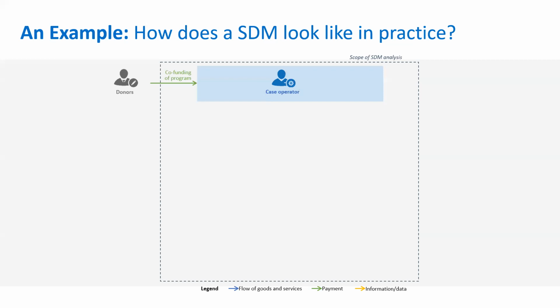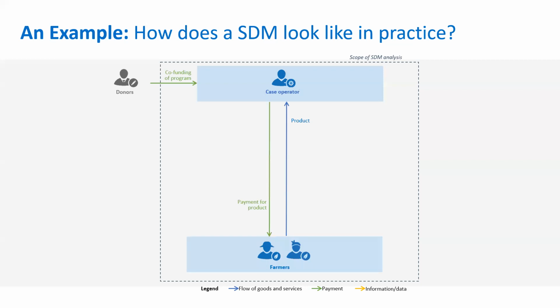So referring back to this diagram, we have the case operator, and then we have the farmer. This example is going to correspond most with a sourcing company. So often your relationship could be more of a transactional relationship. Your case operator is paying for the product from the farmers, and they're sourcing the product.